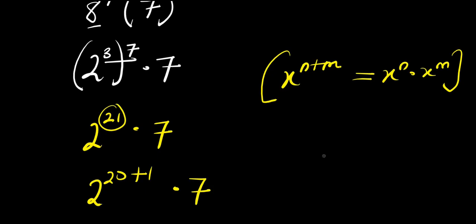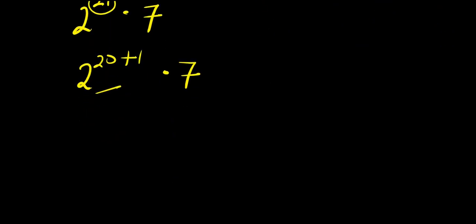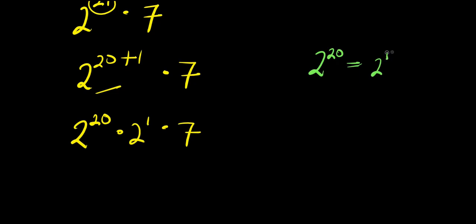So, applying that here, I will simply have 2 power 20 times 2 power 1 times 7. Now, let's find the value of 2 power 20. 2 power 20 equals 2 power 10 times 2.